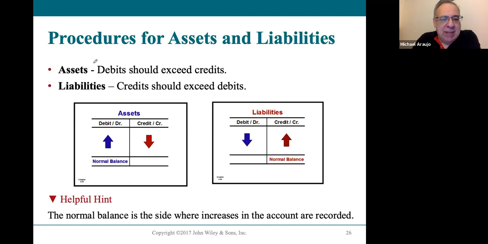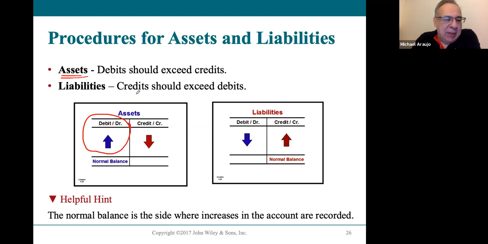A couple of things here in terms of asset accounts like cash, supplies, prepaid insurance, equipment. You can name all those asset accounts. Asset accounts increase on the debit side. They increase on the left side.